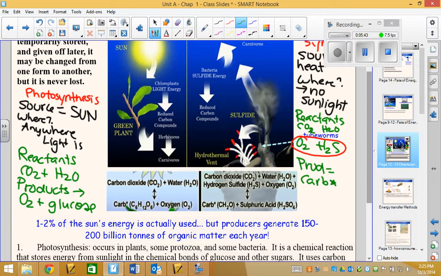And the reason I'm not specifying is because it depends on exactly which compounds were there to start. And another compound with sulfur that is actually an acid. So I'm not producing oxygen in chemosynthesis. That's not its goal. I am still producing a molecule that's a carbohydrate, and that is where the energy is stored. That's a molecule that organisms will use later, break down, and do cellular respiration with.